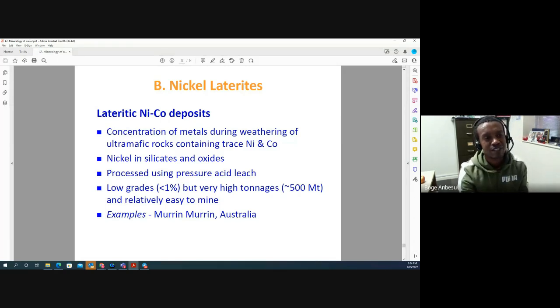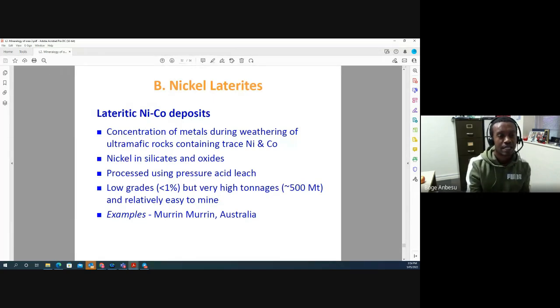But in laterites, the nickel itself is locked within the silicate material. So in this case, you have nickel silicate materials. So you can't actually do any upgrading. In comparison, for the sulfides, we can use concentration methods or beneficiation methods, such as flotation, as I mentioned. But for the laterites, we can't.